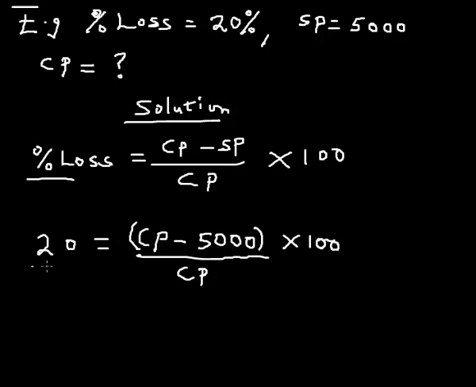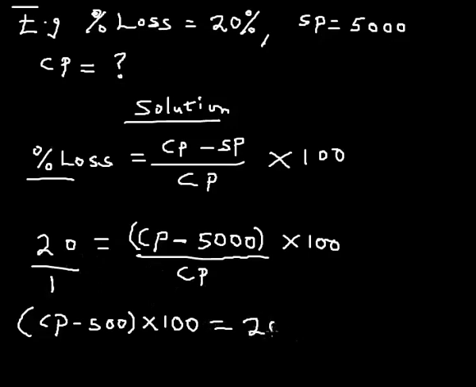So it's simply for me to rearrange this equation and make the cost price the subject of the formula. How do I do that? By cross multiplying. So I'm going to have 100 times (CP minus 5,000), times 100. Of course, multiplying by 1 is still the same thing. Then multiply the other side: 20 multiplied by CP gives me 20 CP.